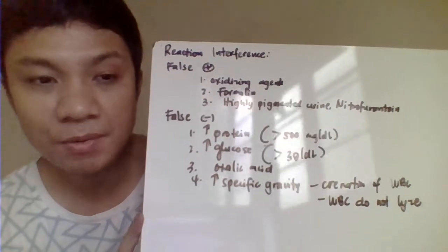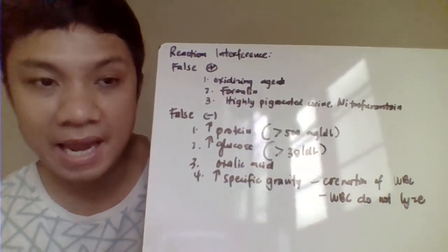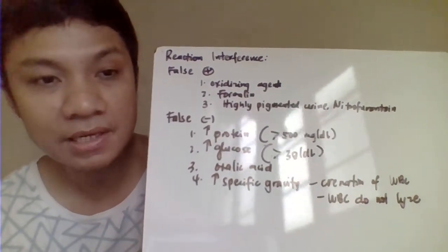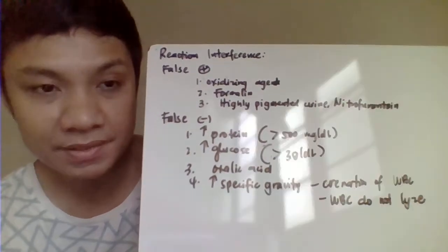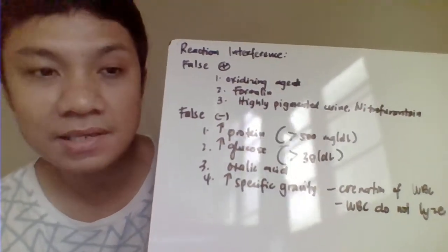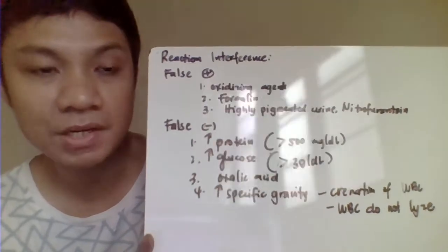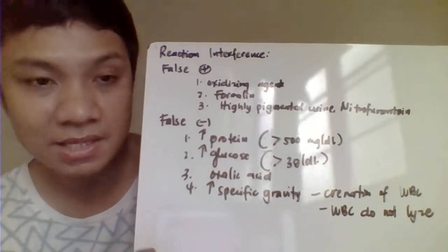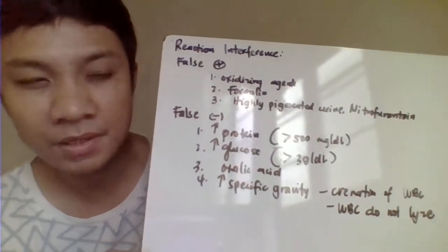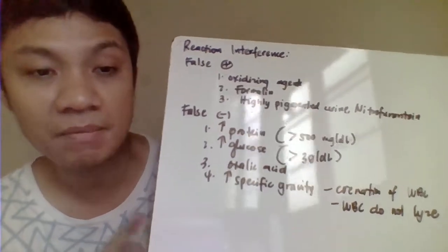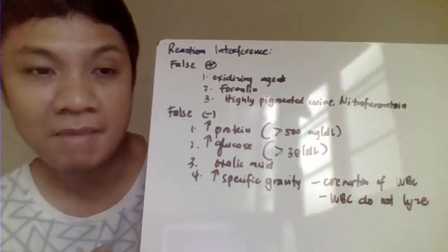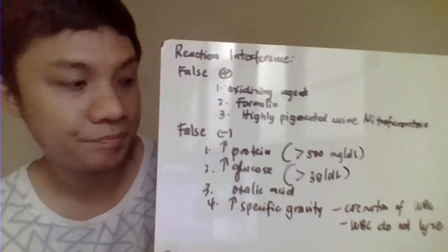So once your WBC is crenated, it could not be lysed, and therefore could not release here the enzyme leukocyte esterase. So once it could not release the enzyme leukocyte esterase, it will not give a positive result, because in your test pad, what's being detected is your leukocyte esterase, the enzyme. It's being released dapat ng ating mga WBC.